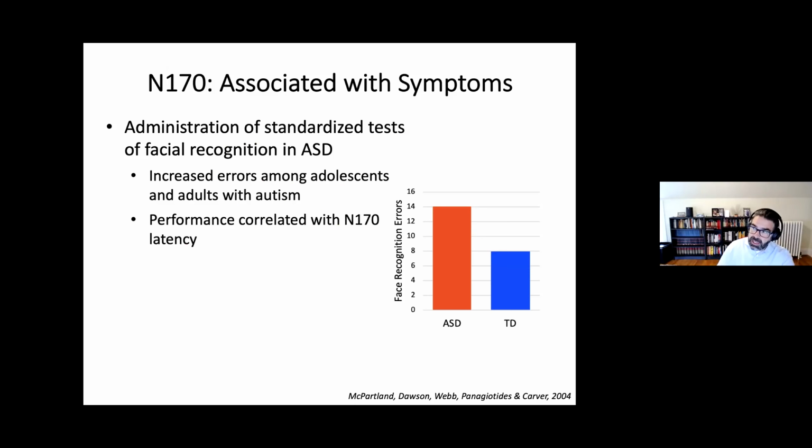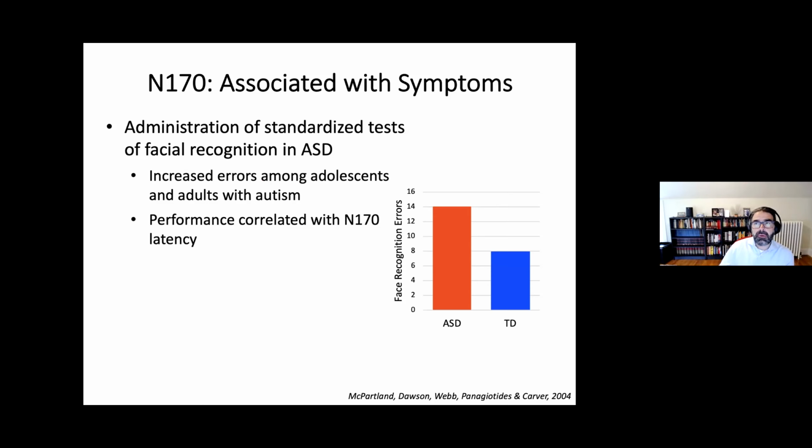As part of the study, we also wanted to understand how this brain activity that we're measuring in the lab might relate to things that are more obviously relevant to real life. The ability to recognize faces is very relevant to real life. So we administered a neuropsychological test of face recognition called the Wechsler Memory Scale, or for children, the Children's Memory Scale.